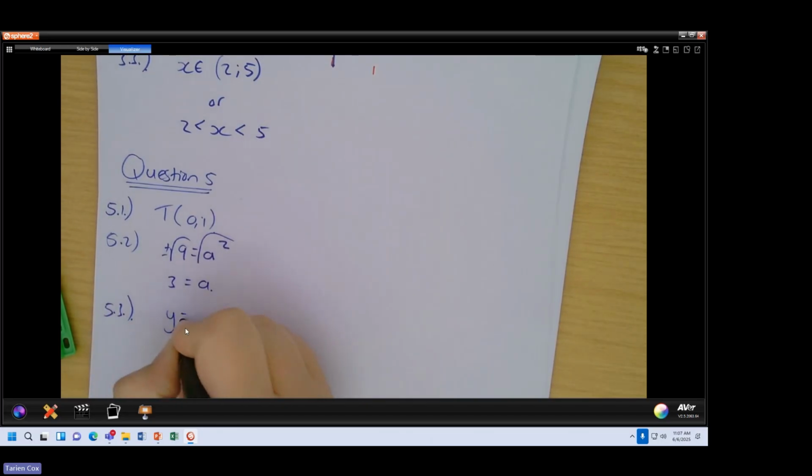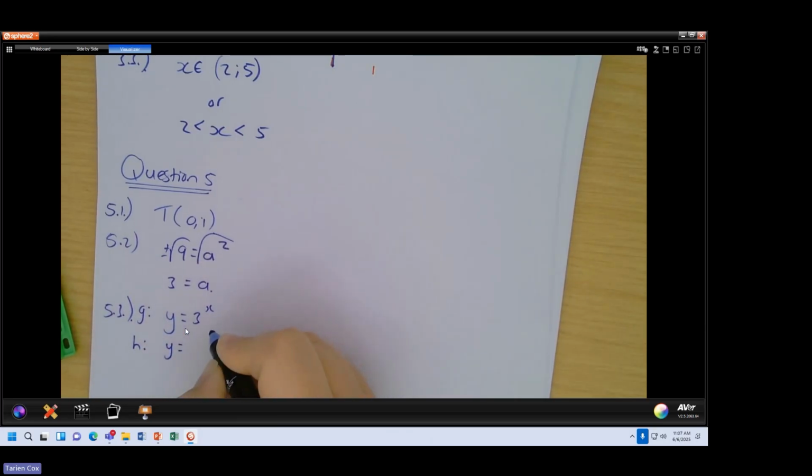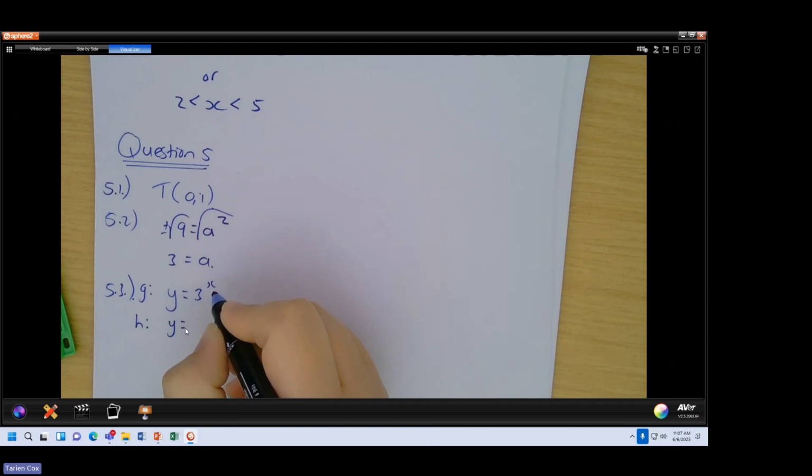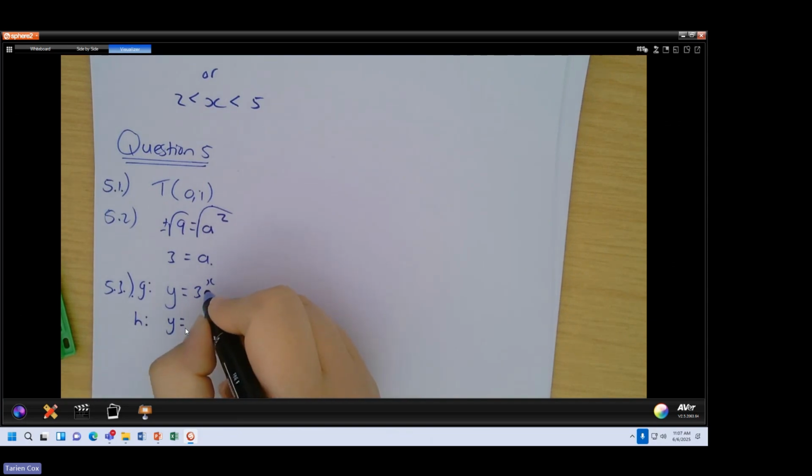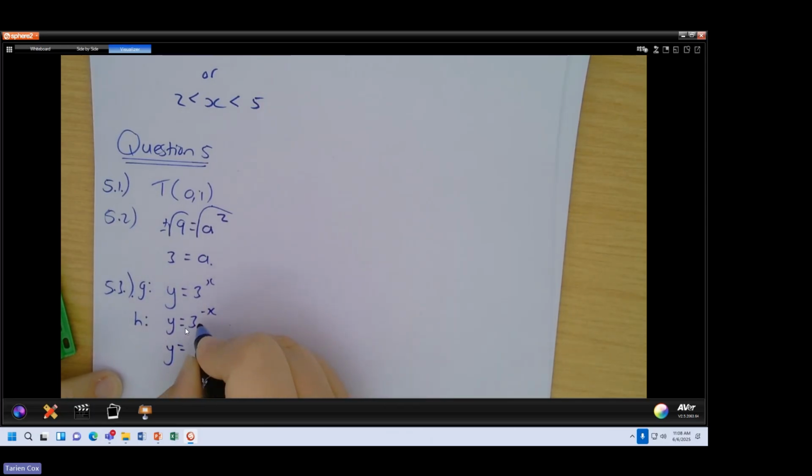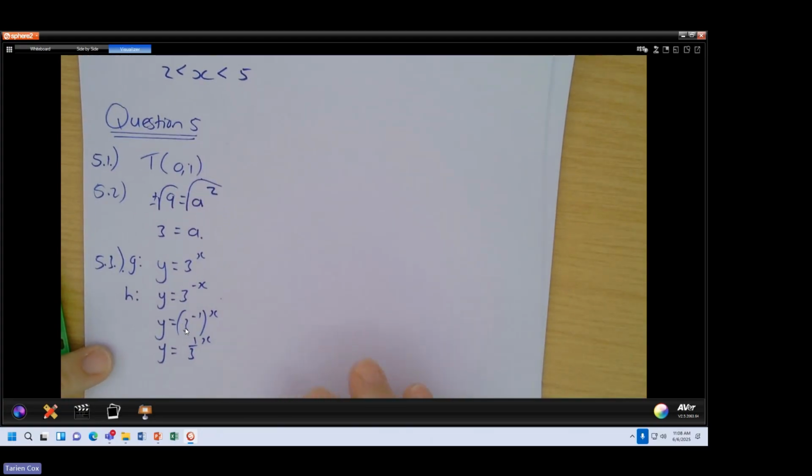So if my graph is currently this, and this would be g, 3 to the power of x, then to obtain h, I need to make a sign change for my x value. So if I reflect in the y-axis, my x value changes, so it will be negative x. Cannot leave it like that, so this is technically 3 to the power of negative 1, you don't need to show me this step, so it will be a third to the power of x.